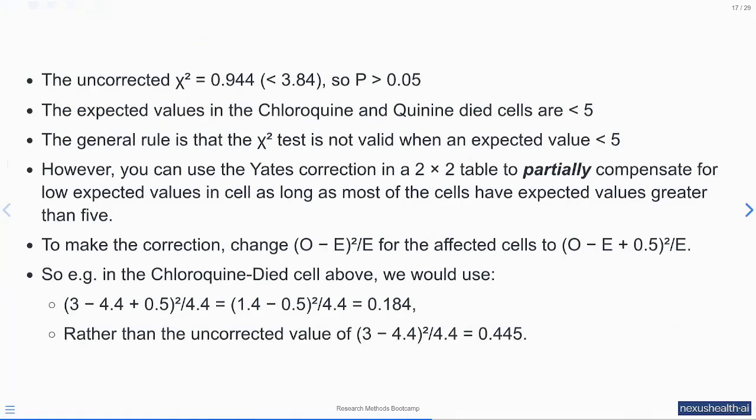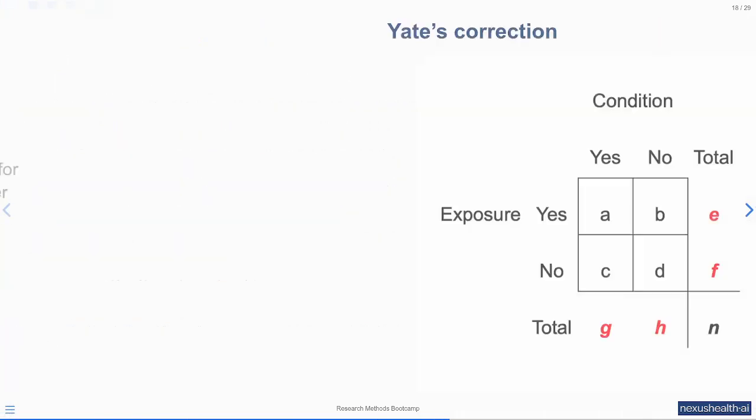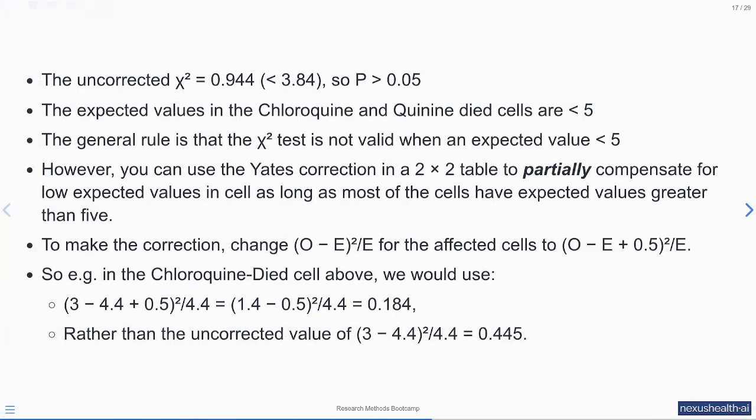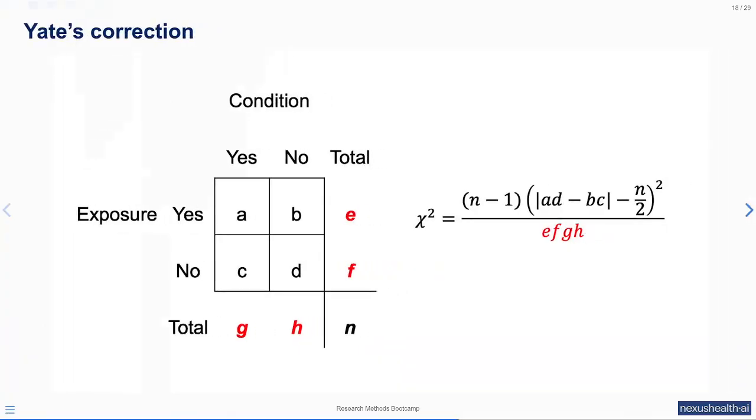By the time we do that, we find that we have applied the Yates correction. So here is the formula, again, similar to the first one, for a 2 by 2 table to apply the Yates correction.